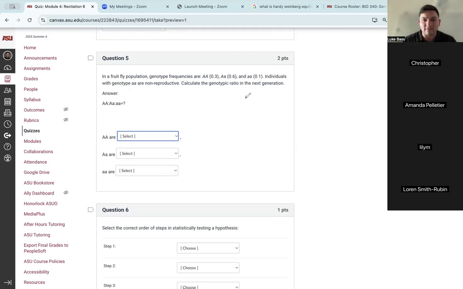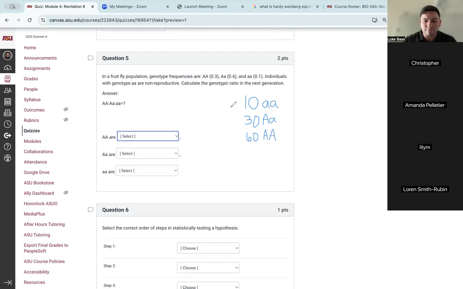So we have 10 little a little a. And then you'll have 30 heterozygous, big A, little a. And then we had 60 capital A, capital A. Perfect. So this is the parental population, right? Correct.